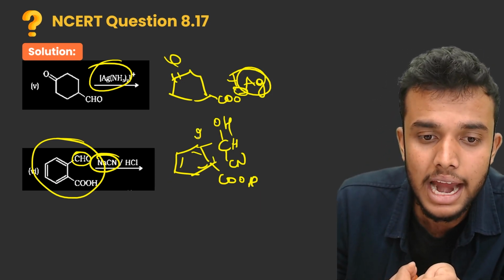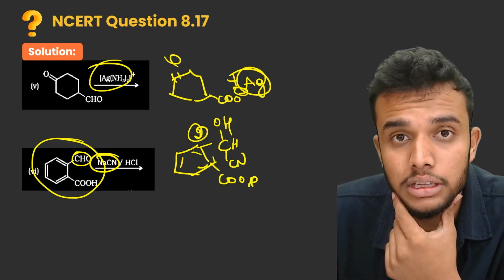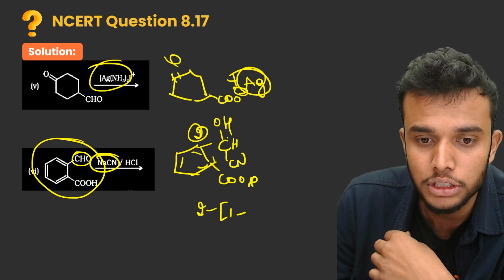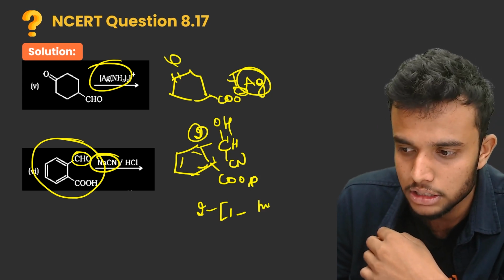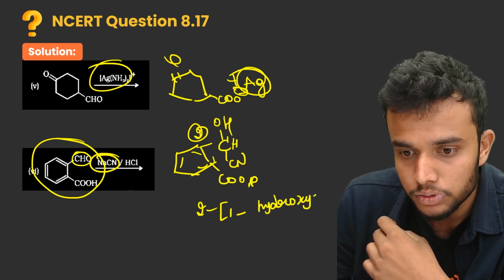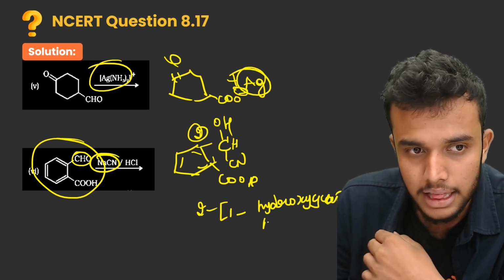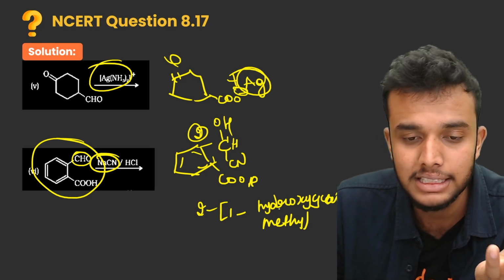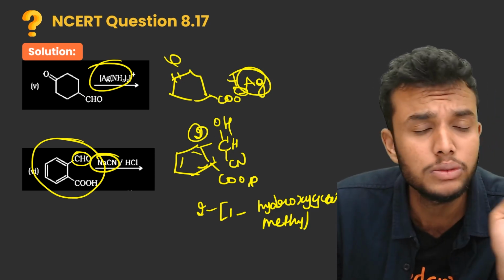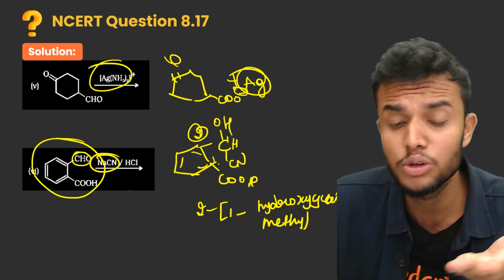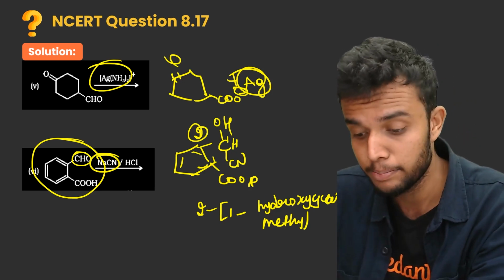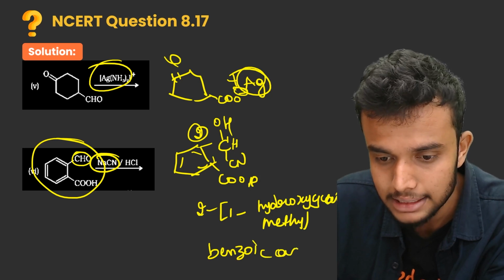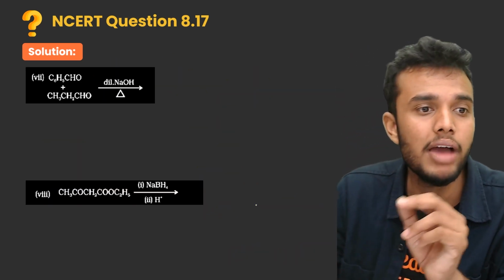At the second position, this group is there, hydroxy cyanomethyl benzoic acid, right? Why? Because only one carbon is there. Right, students? Next, move on to the seventh one.